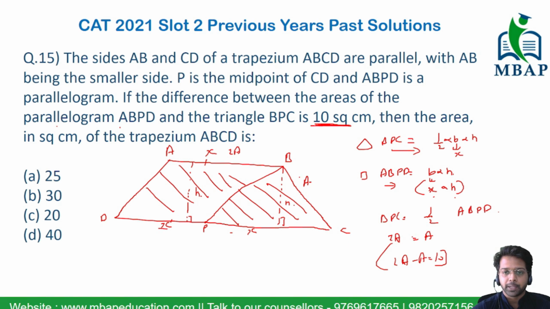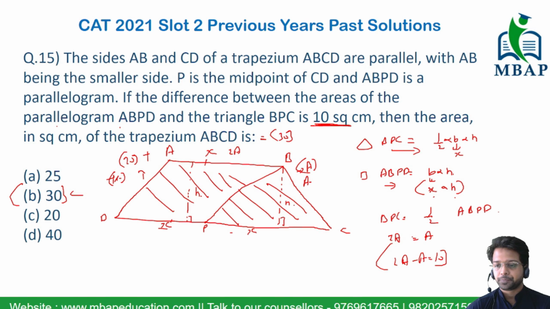I'll understand that my triangle has an area of 10 square centimeter and my parallelogram has an area of 20 square centimeter. And the sum total will be ABPD plus BPC, which is 20 plus 10. The total area will be 30 square centimeter. Hence, the answer for the given question is 30 square centimeter.